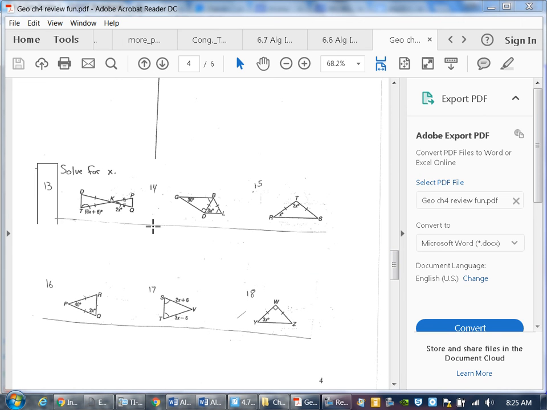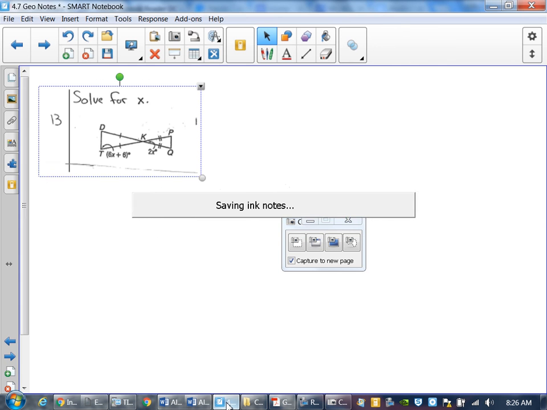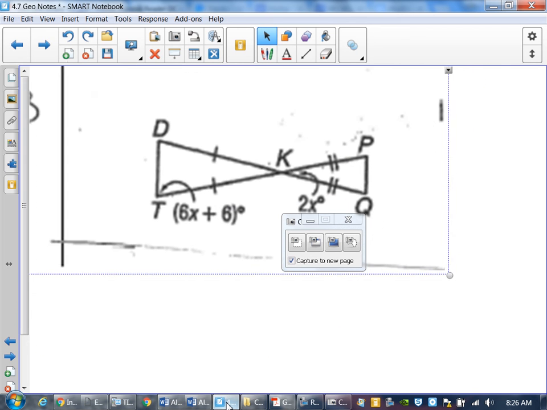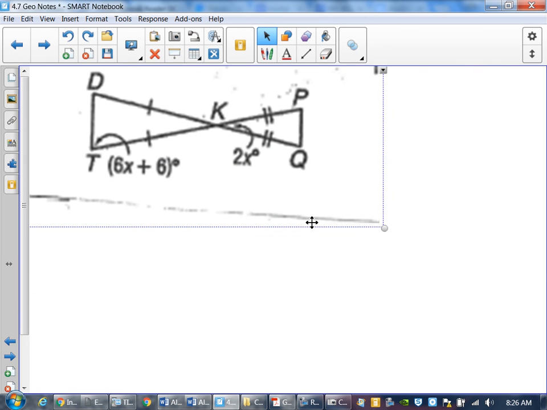Look at 13. This is another really good one for isosceles. So, on 13, does everybody agree we've got two different isosceles triangles? Okay. Now, we need to solve for x.